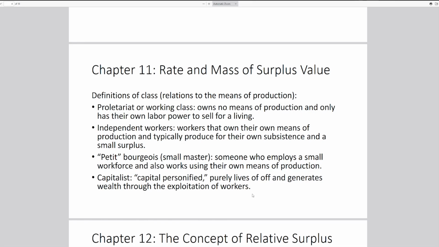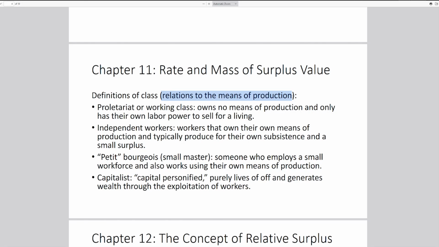However people approach that question, typically if they're approaching it in those ways, they are ignoring the relations to the means of production, which is Marx's definition of class.